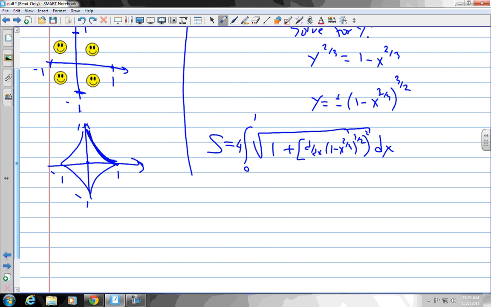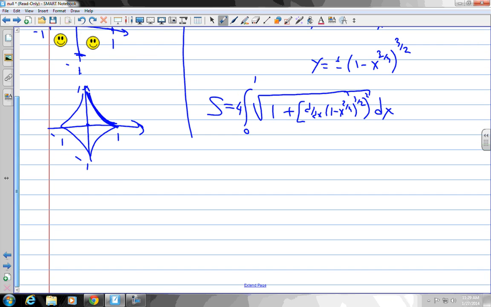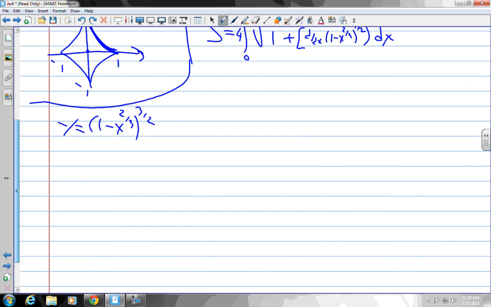Because look, if I started taking derivatives, I'll do all of this on the side here. So the y is 1 minus x to the 2/3, to the 3/2. In order for me to take the derivative of that, what's going to happen? 3/2 comes down, right? Then it's 1 minus x to the 2/3. So then 3/2 turns into 1/2 as an exponent.